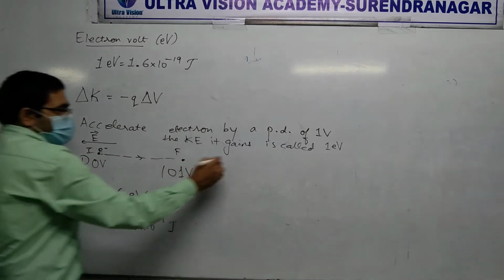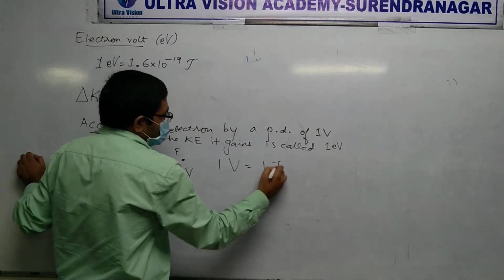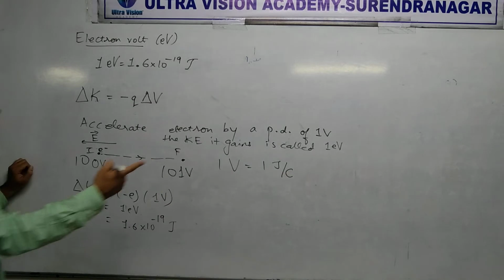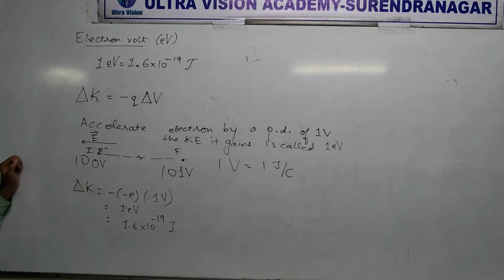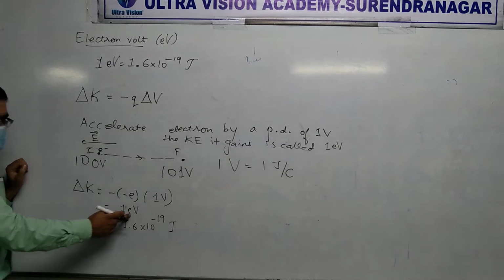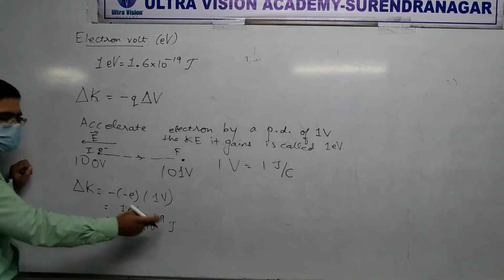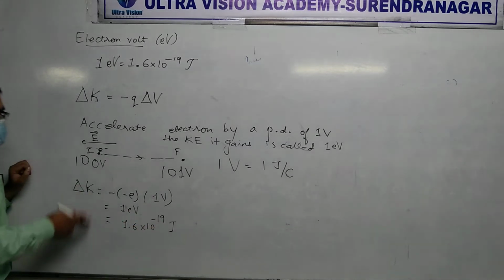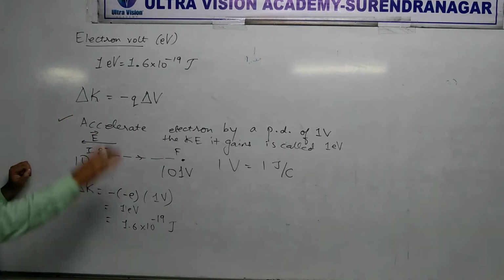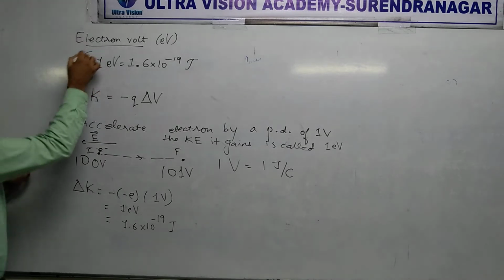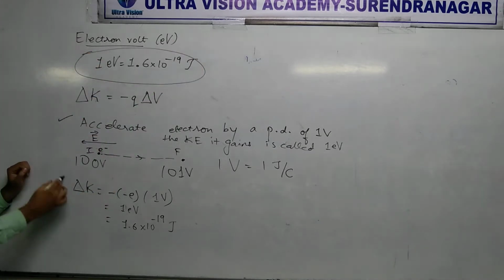Volt is nothing but 1 joule per coulomb. Remember that? Everyone? 1 volt is 1 joule per coulomb. So if you use it reverse, coulomb into volt becomes 1 joule. So that way you get it. Right? So this is the definition if you want. So this is exactly how we get this conversion and proof.